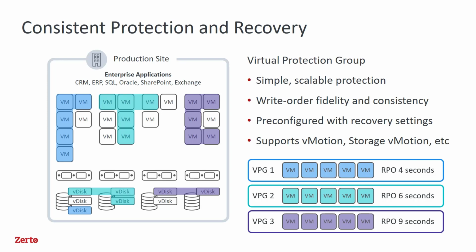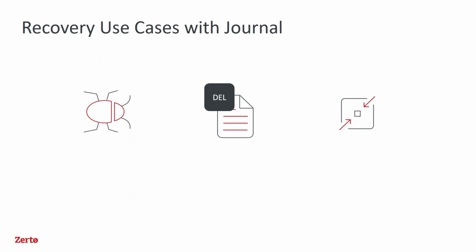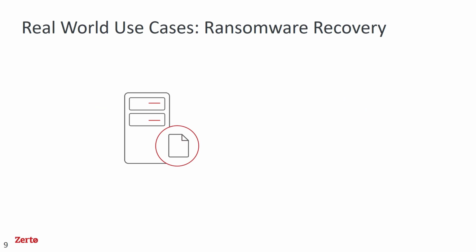Now, let's talk about some of the recovery use cases with Zerto. And I'll specifically talk about ransomware, accidental file deletion, and even object level recovery. Let's start with ransomware. The file server is up and running, serving files to its end users as it does on a daily basis.